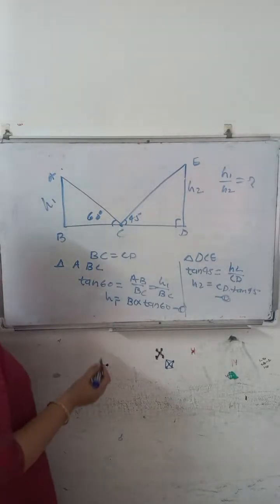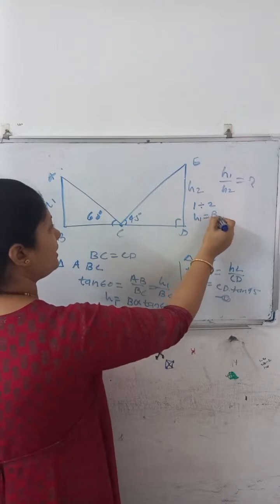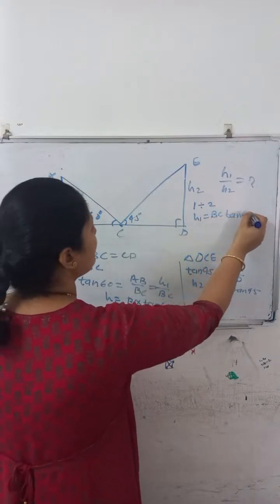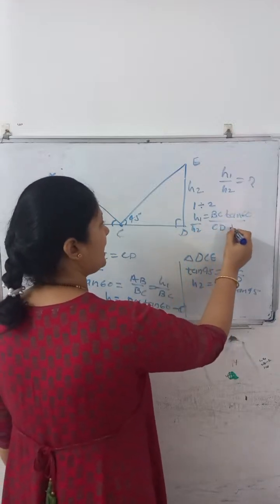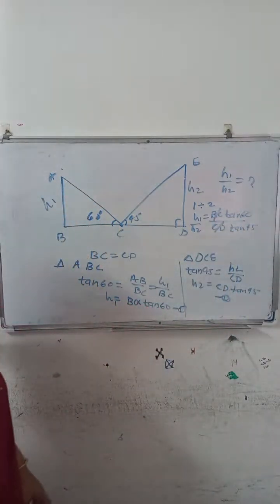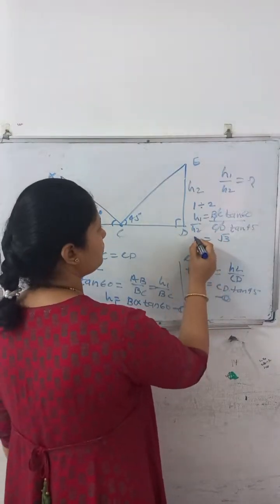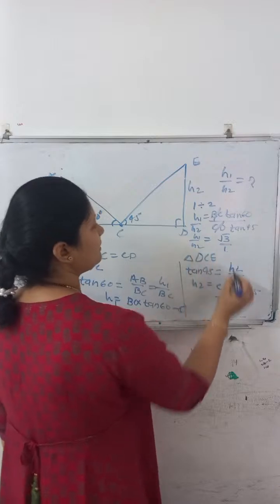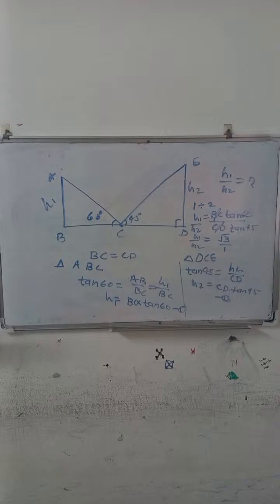To take the ratio, divide 1 by 2: h1 by h2 is BC tan 60 upon CD tan 45. BC and CD cancel. Tan 60 is root 3 and tan 45 is 1. So h1 by h2 is root 3 by 1. This is the answer: the ratio of the heights of the towers is root 3 to 1.